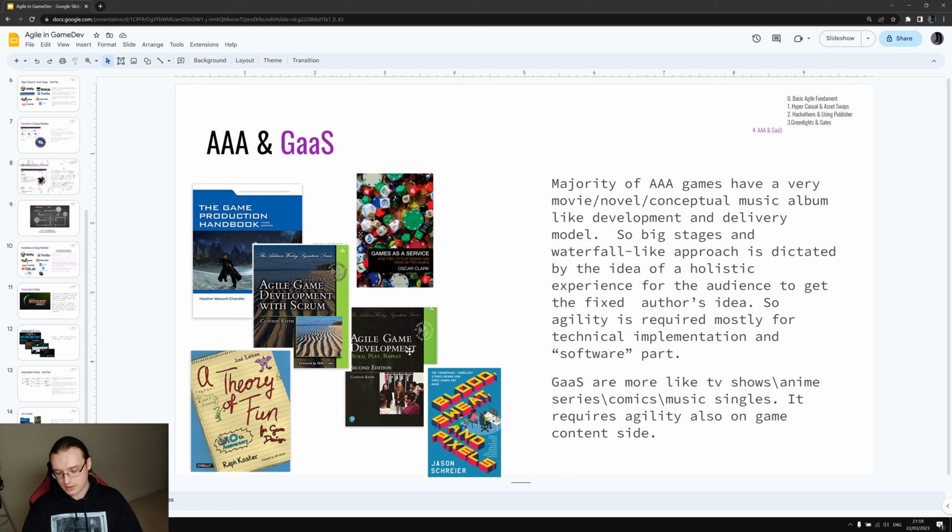On the contrary, games as a service are like TV shows, anime series, comics, music singles. The idea is that the content that they are creating could be digested fast, and the idea of having hooks that are telling you, that was really nice, that was tasty, I liked it, and people need to wait for the continuation.